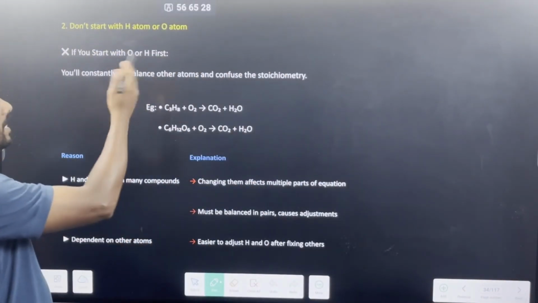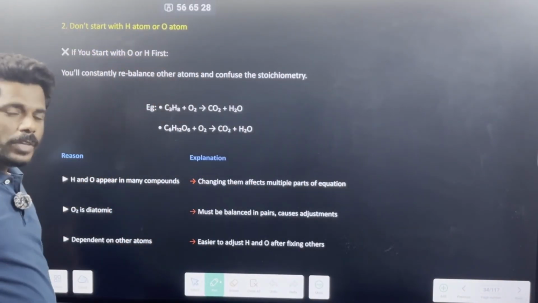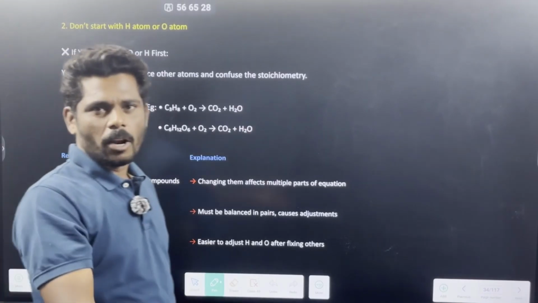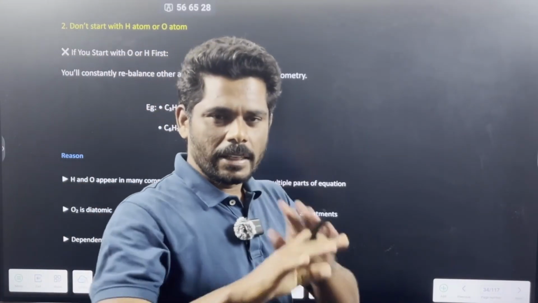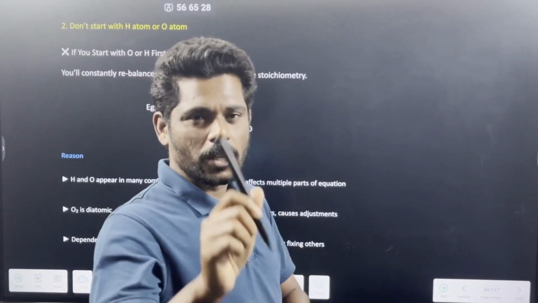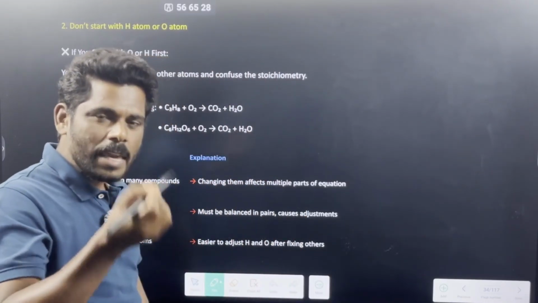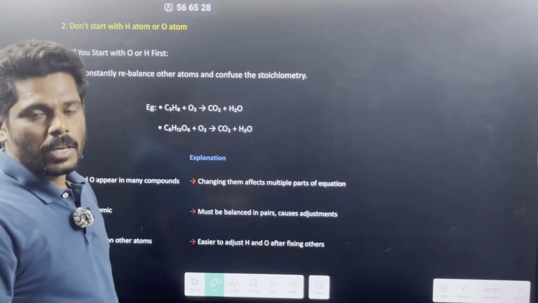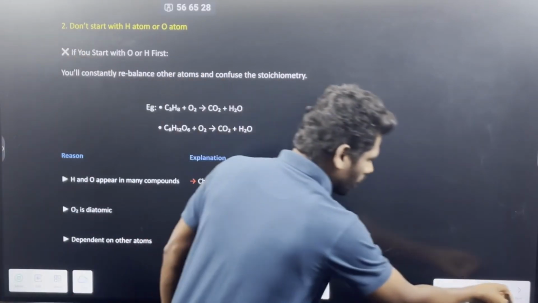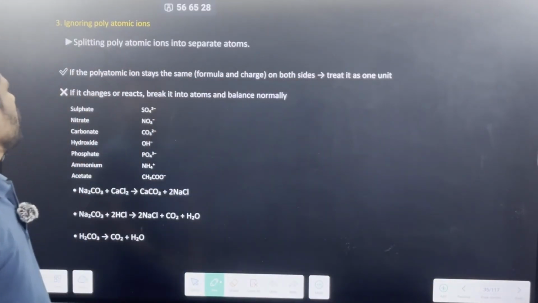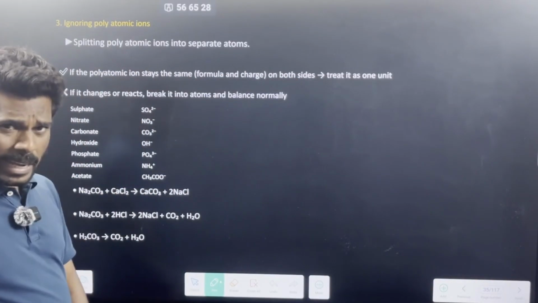Now, as I told you already, we have to start with the metal, then balance the non-metal, then go with hydrogen, then at the end balance the oxygen. But don't start with the hydrogen and oxygen in the beginning, because you have to keep on changing their number if you start with them. Definitely do not ignore the polyatomic ions.